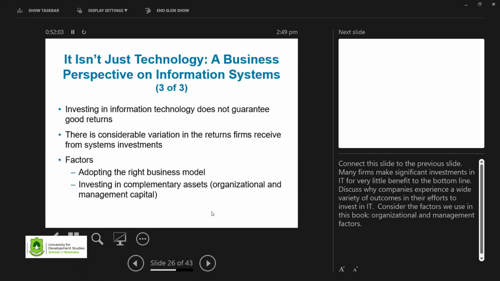It is not a guarantee because when I'm investing in technology, I should also be interested in other things. Remember, we said that when you invest in technology, your whole organizational process may be transformed. It may not also be transformed. You may just be interested in removing some redundant processes so that things will go faster, but you are not changing your entire business.